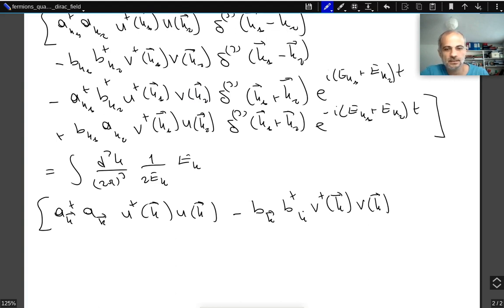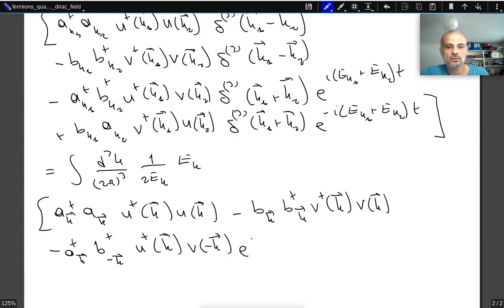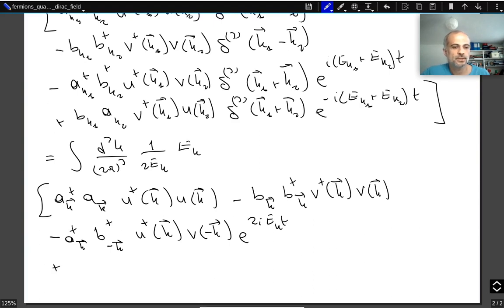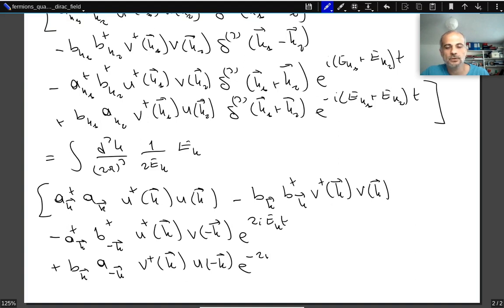So I have a dagger of K, b dagger of minus K, u dagger of K, v of minus K, e to the power 2i ek of t, plus bk a of minus k, v dagger of k, u of minus k, e to the power minus 2i ek of t.